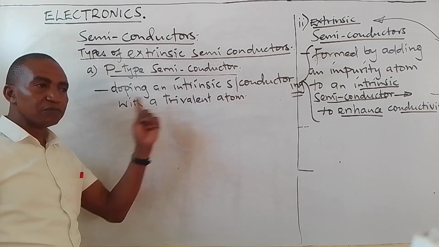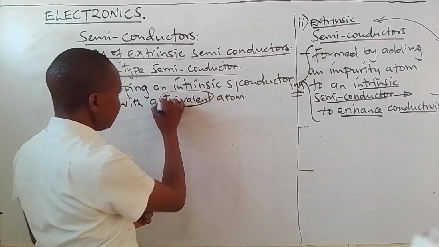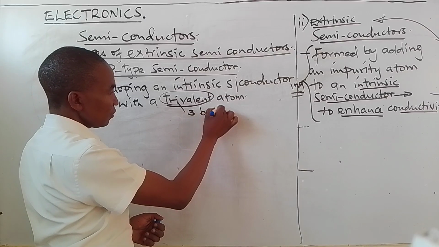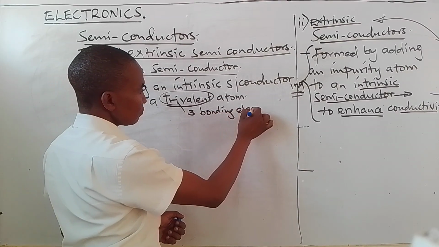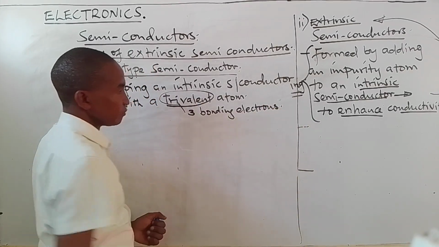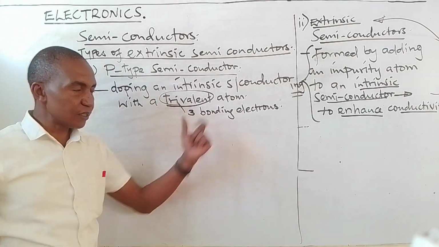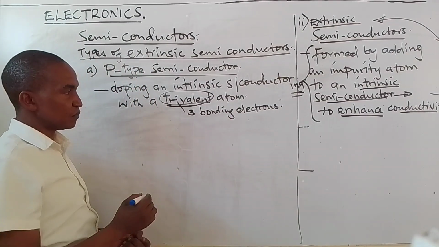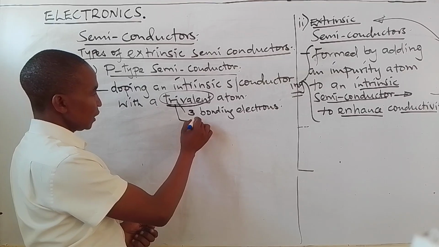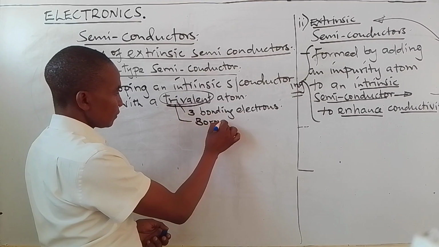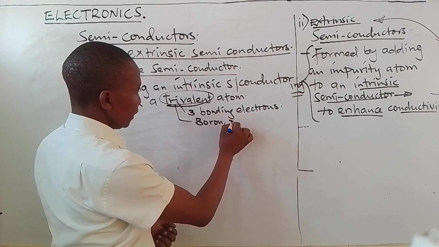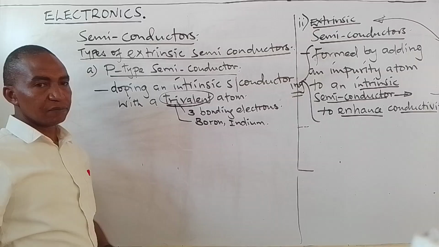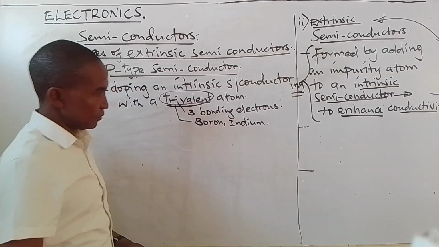A trivalent atom is one with three. Tri means three. This one has three bonding electrons. So an atom with three bonding electrons is the one we refer to as a trivalent atom. A very good example here is boron or indium and gallium. But these are enough.